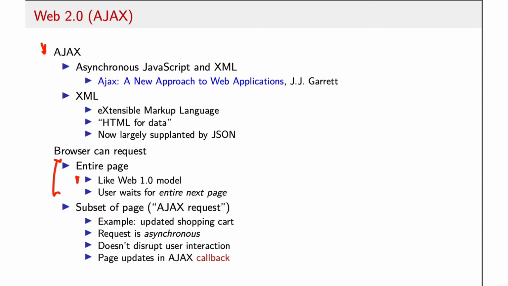And when you updated your shopping cart, added a new item or something like that from a form at a different part of the page, the AJAX mechanism would allow for the browser to just say, hey, here's an update to the shopping cart. And then on the server side, you'd process that update and send back information that could be used to just update that one section of the page.